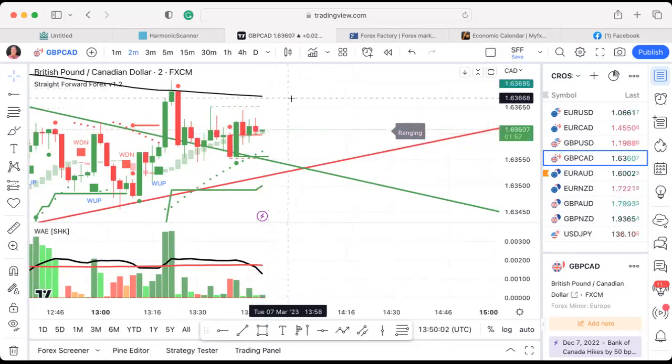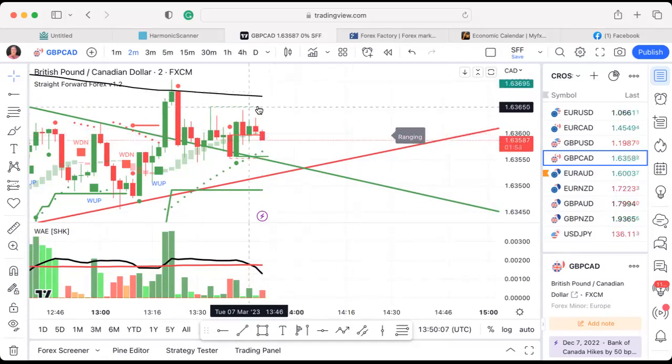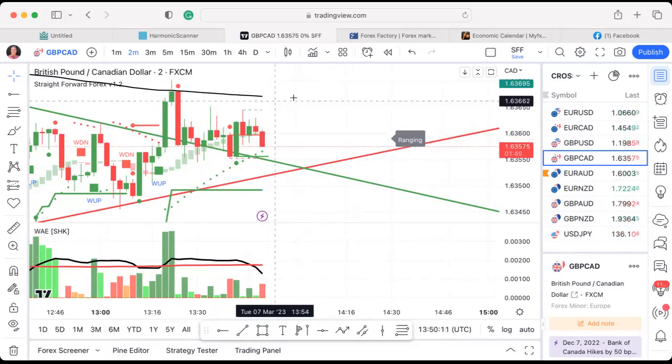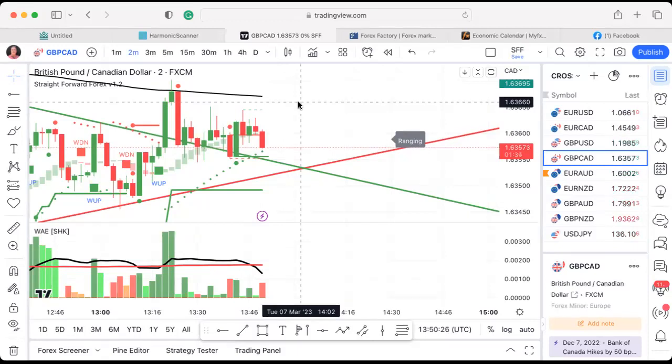It's just a handy little additional piece of information. There's a break of structure at that point. It would need to get above there. I think that just moved there. But anyway, what it's telling me is wait until price gets above that line before you think about getting in.